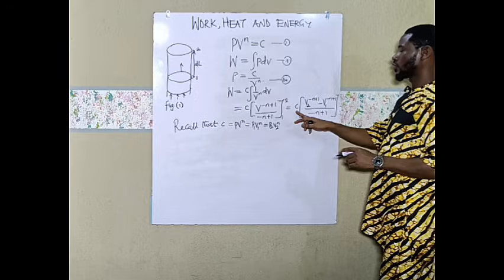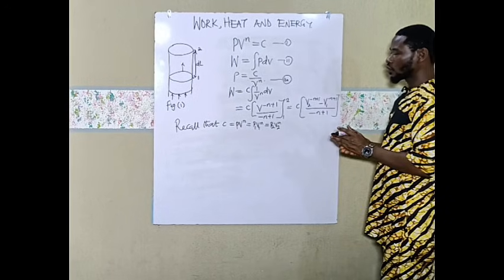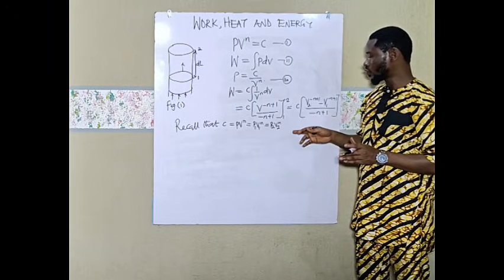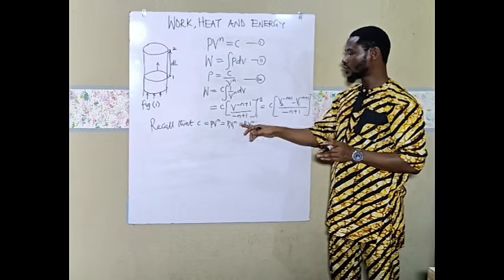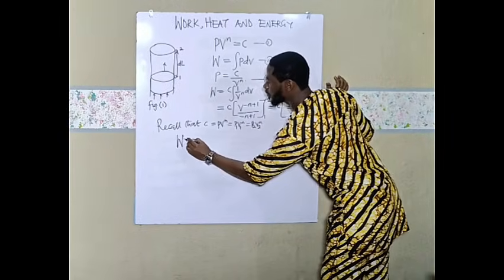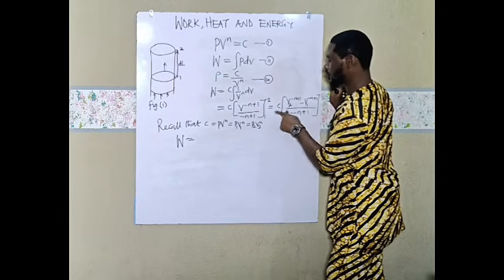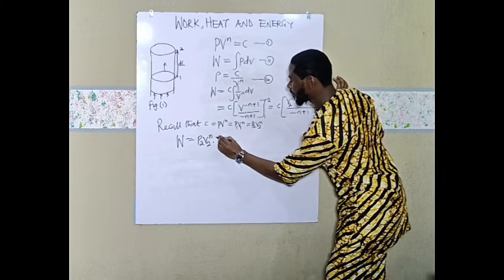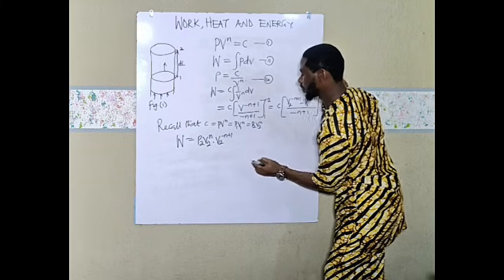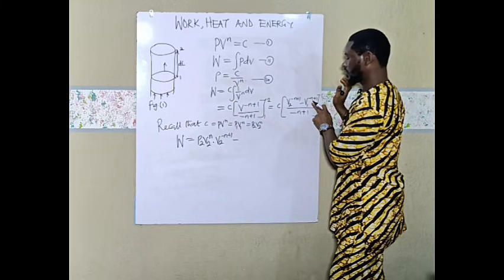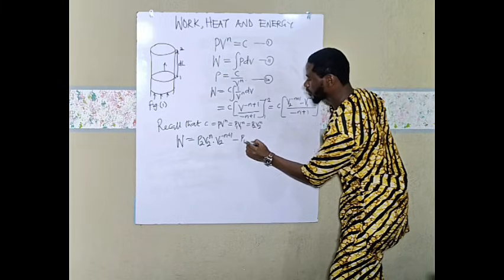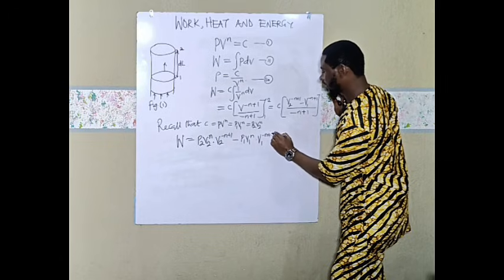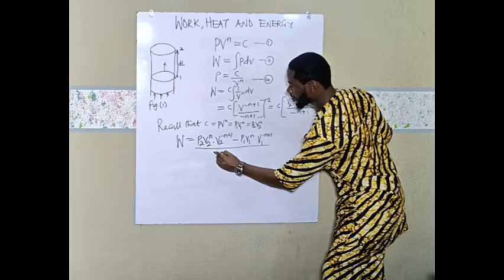At this level, you use C to expand the bracket. At state 2, C becomes P2 V2 raised to the power of n multiplied by V2 raised to the power of minus n plus 1, minus C at state 1, which takes the shape of P1 V1 raised to the power of n multiplied by V1 raised to the power of minus n plus 1, divided by minus n plus 1.